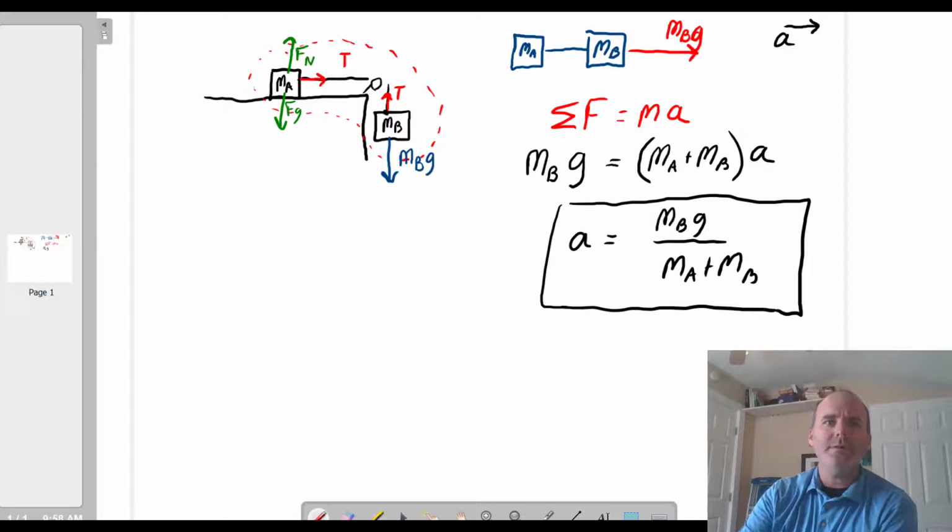As a quick note, what if there was friction here? Because you might get a problem where there actually is friction. And if there was friction, you could see how that, again, breaks this system.